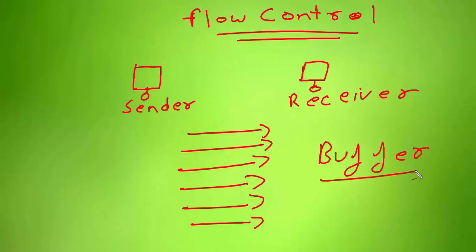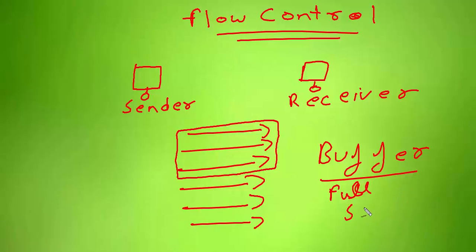We have something called a buffer in our systems. It receives a chunk of segments, and after receiving, it will send that the buffer is full. So it will send a stop message: stop for some time.